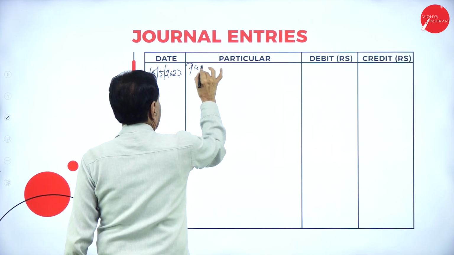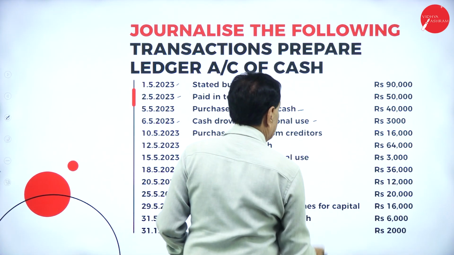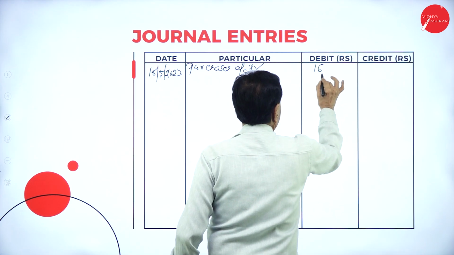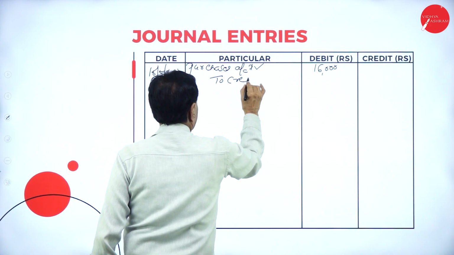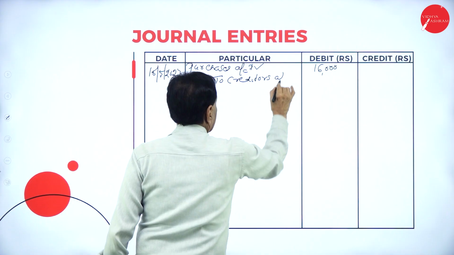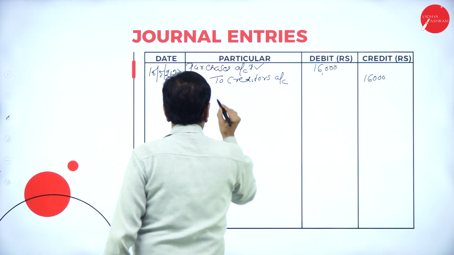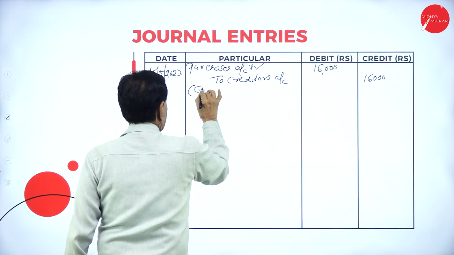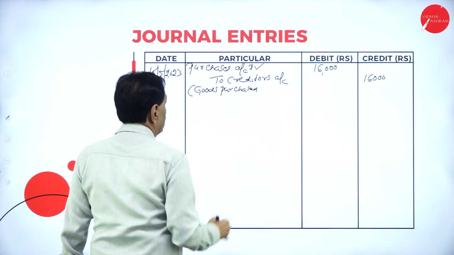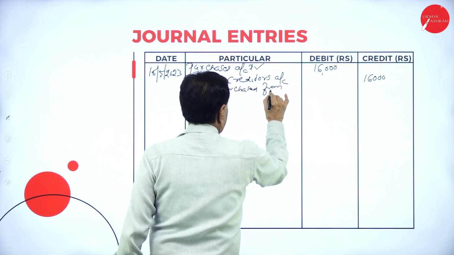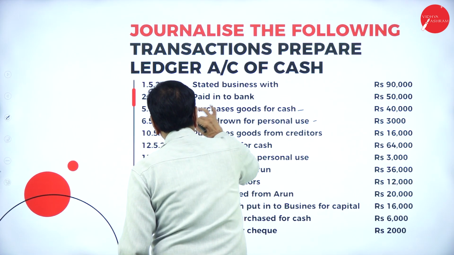Purchases account debit, how much money? 16,000, to creditors account, 16,000, being goods purchased from creditors. The 10th is over.